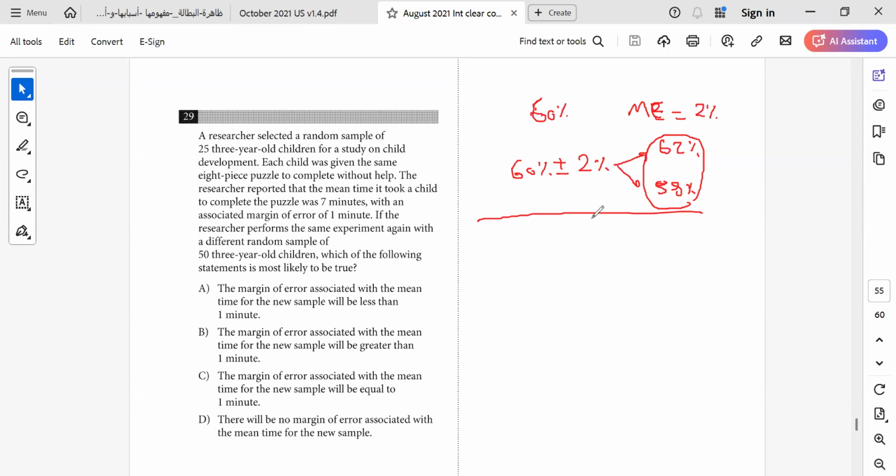Again, we did a survey on how many minutes you need to finish your homework, and we calculated the average for certain students. We got that the average student finishes the homework in 40 minutes, but we have a margin error of 5 minutes.